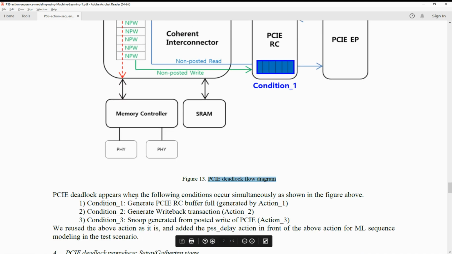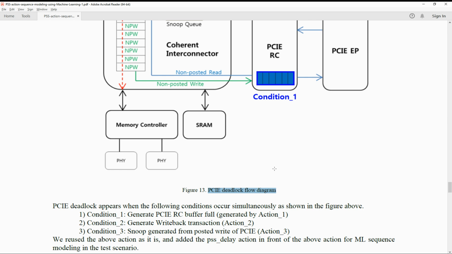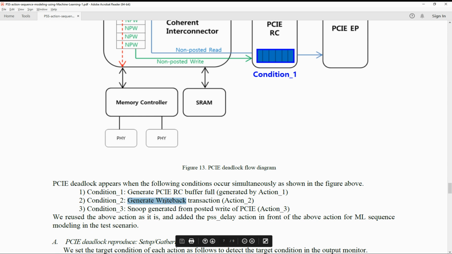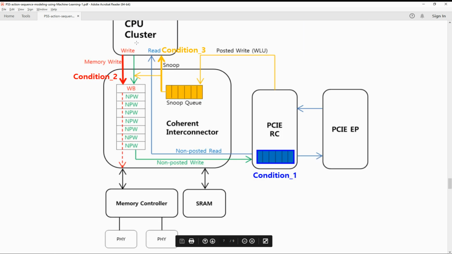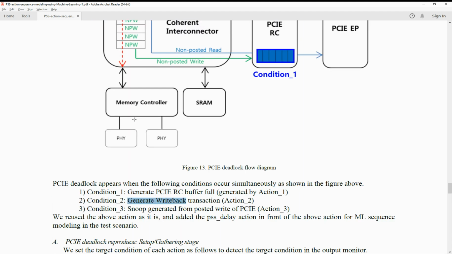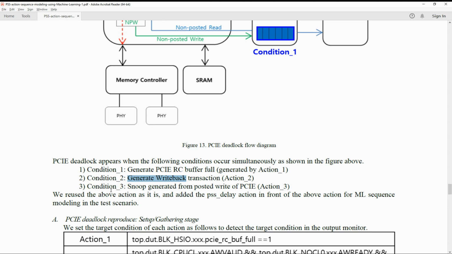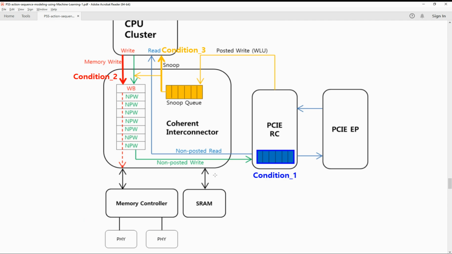PCIe deadlock appears when the following conditions occur simultaneously as shown in the figure above. Condition 1 is generating PCIe RC buffer full, generated by action 1; condition 2 is generating write-back transaction in the CPU cluster; and condition 3 is snoop generated from the posted write of the PCIe.